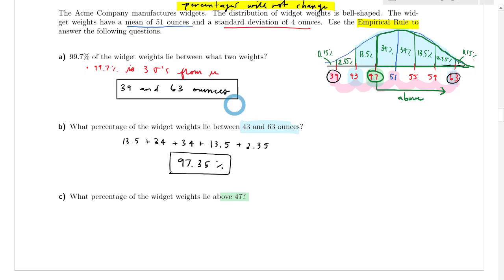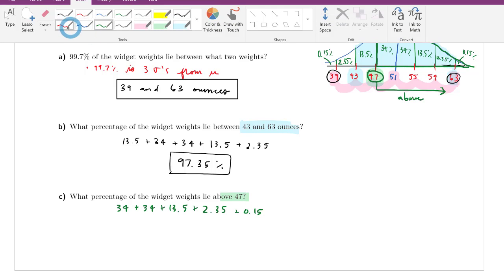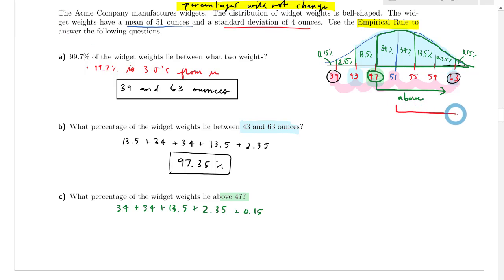Okay, so there's a few ways you could do it, right? That above 47 would be 34 plus 34 plus 13.5 plus 2.35 plus 0.15. The other way is to see that this piece here where the mean is, that's half, right?